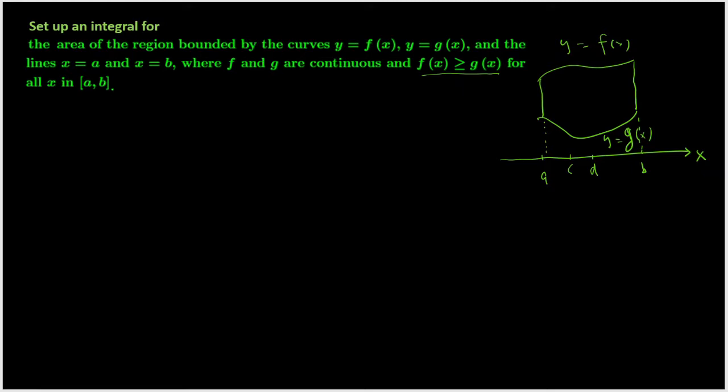The partial value is not hard to imagine. It is the area of the region between the two curves, the graph of f of x and g of x, over the interval from c to d. The area of that region. I'm going to shade that.